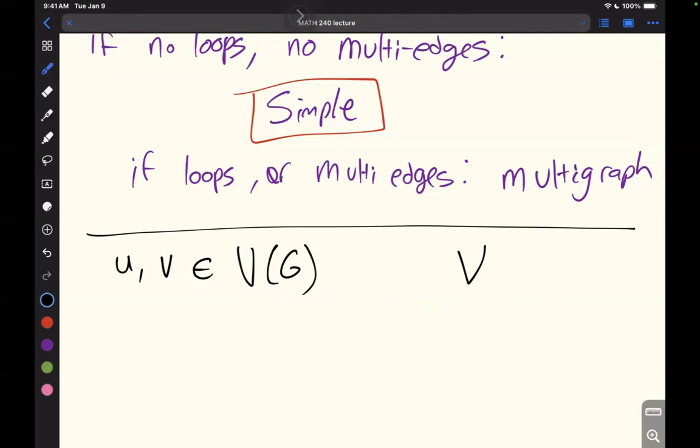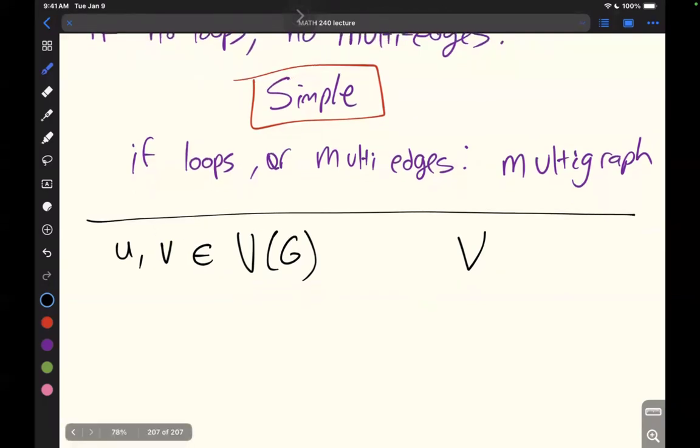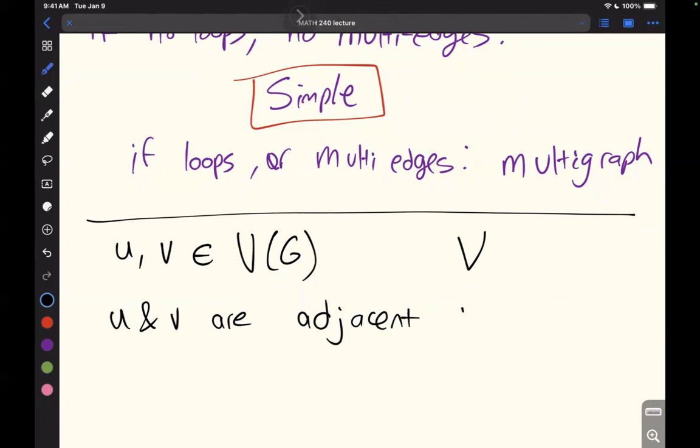So it kind of depends. But let's say we've got two vertices in this graph, and we say that they are adjacent if they're joined by an edge.